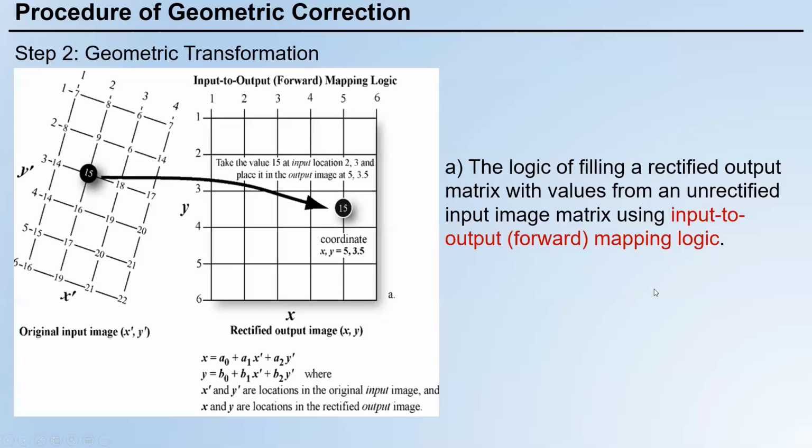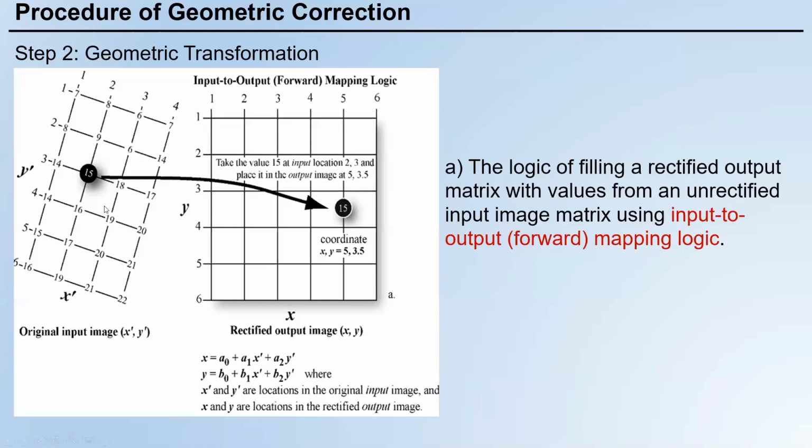So the forward mapping logic is that this is an unrectified image, right? For example, this specific pixel here has a column number of 2 and a row number of 3. Its value is 15, okay? According to that polynomial, this should be polynomial sets, because you have to calculate the x value and the y value for the rectified image.